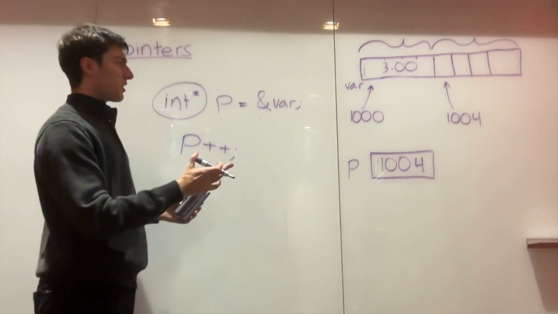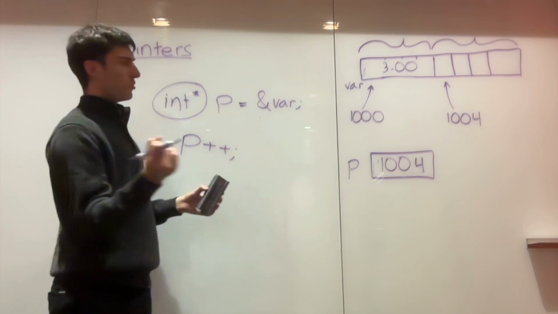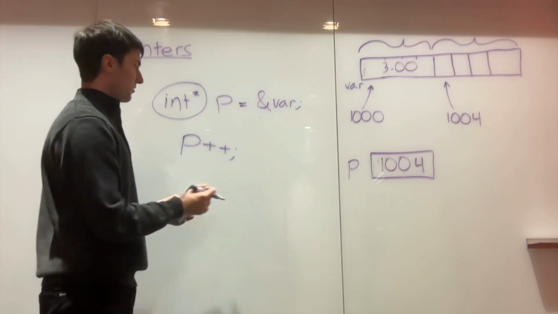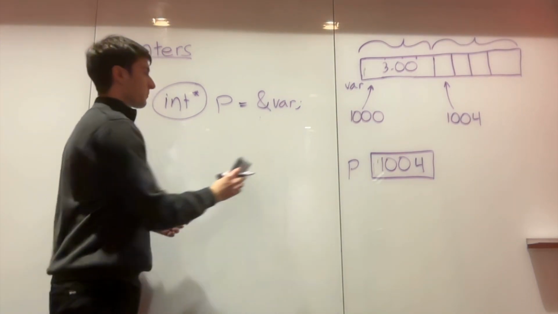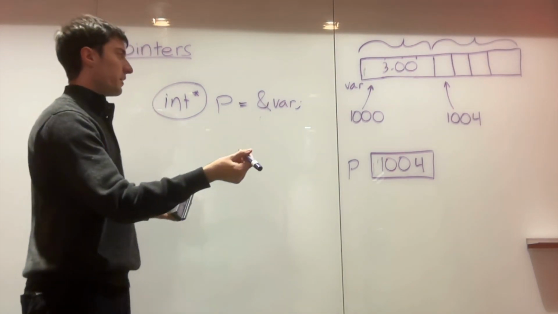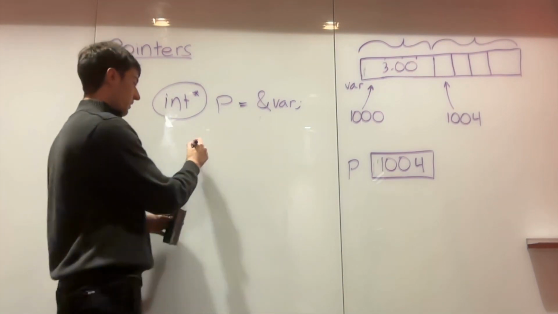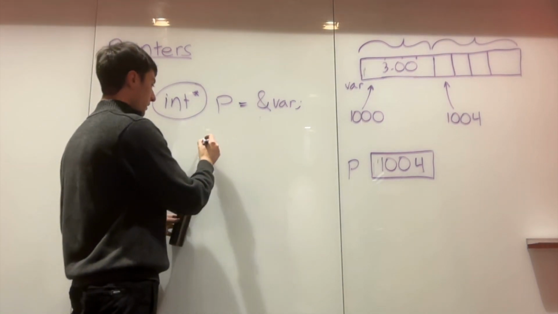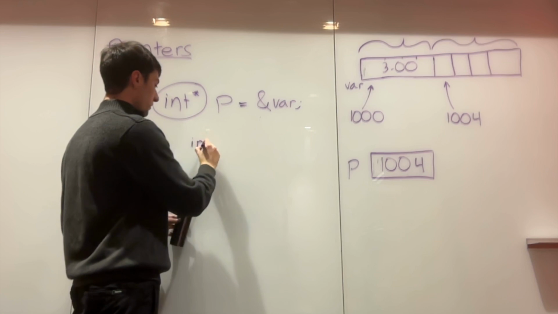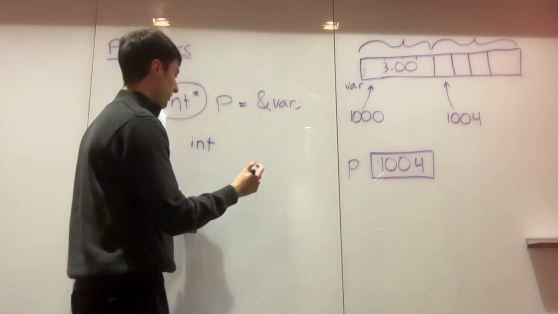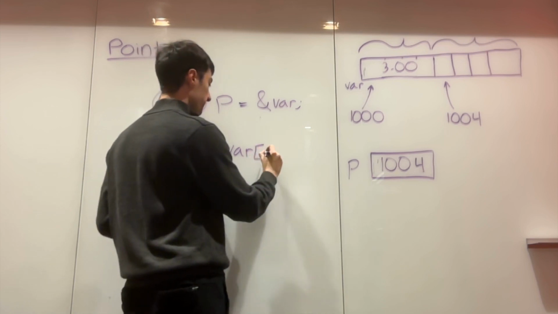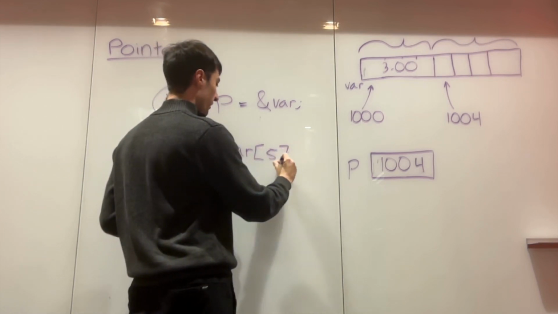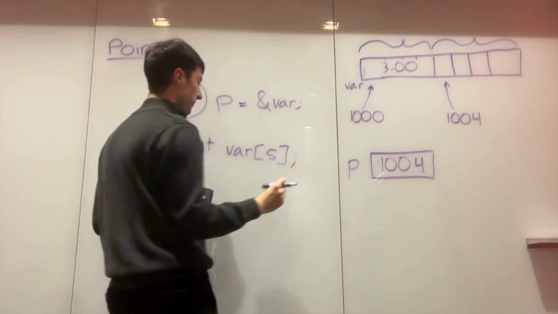So this kind of should remind you of arrays, right? And that's actually what it is. So we can just create an array, right? So like int var 5, like that, right?